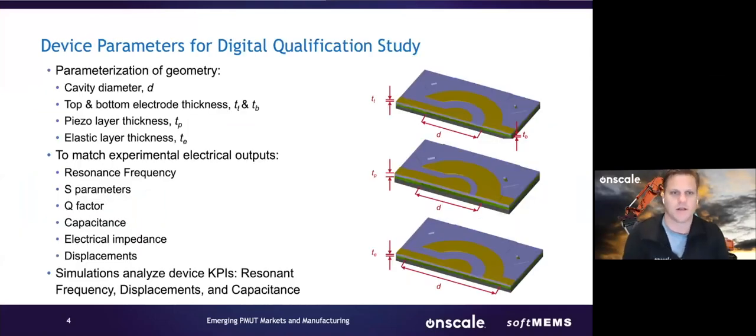So let's talk about some of the device parameters for a digital qualification study. Marianne alluded to some of these, but these are just a few things that would affect the key performance indicators, KPIs, of a device like a PMUT. The first and most obvious thing is the cavity diameter. That's going to affect your natural frequency or resonant frequency. The top and bottom electrode thicknesses will impact performance.